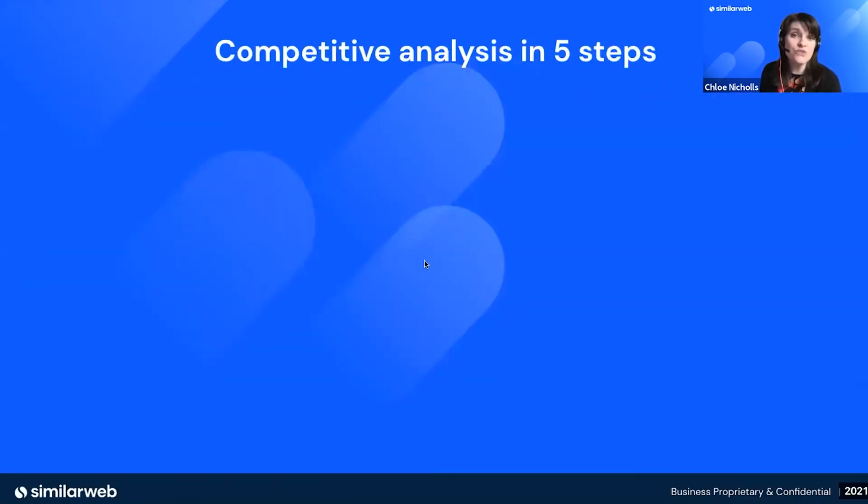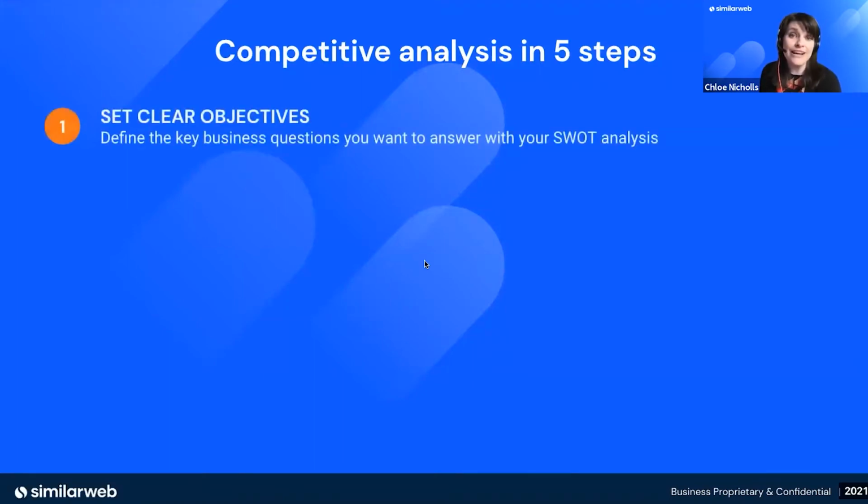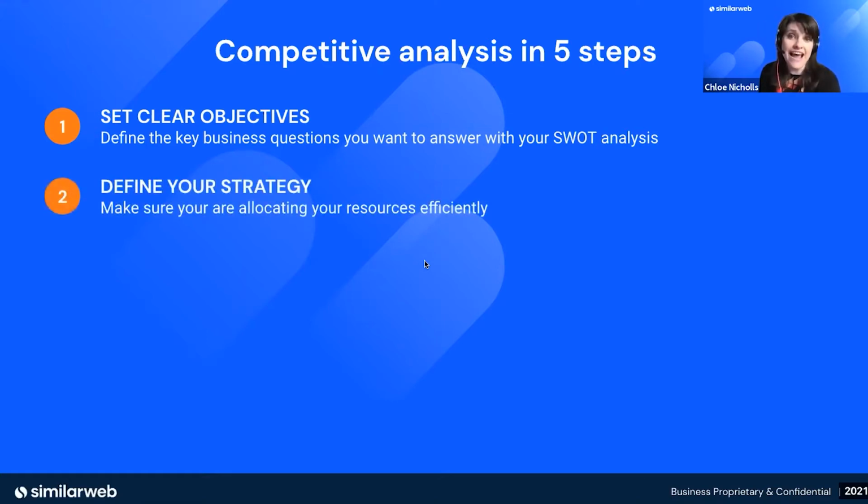And so how do you start a SWOT analysis? So the first step is to outline clear objectives, such as outlining the key strategic questions that you want to analyze with your SWOT. For example, what can I learn from my competitors' strengths and weaknesses, and how does this impact my business? Secondly, you need to define your strategy and ensure you're allocating your resources efficiently.